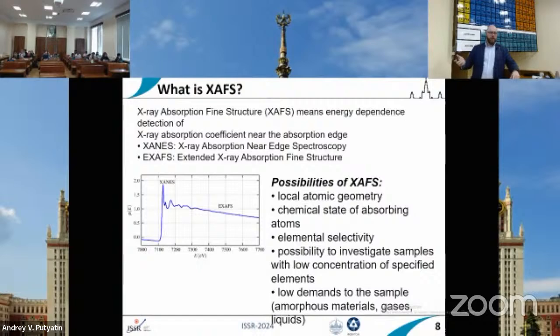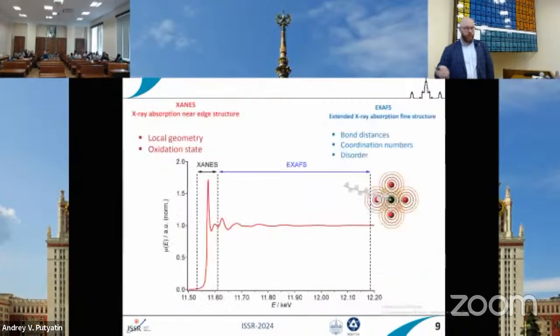It is the chemical composition of these surrounding atoms, distances to these atoms, and the angles to these atoms. And as I mentioned previously, this X-ray absorption spectroscopy is element selective, and you can use this spectrometry for any kind of sample. It can be solid or liquid, and sometimes even gases.